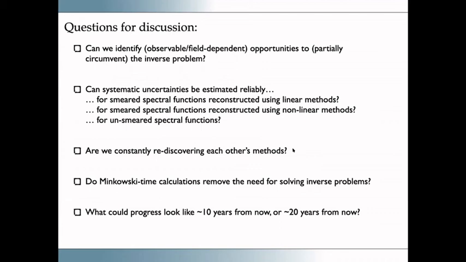For example, suppose you were searching for interesting materials which have a certain feature in the spectral function. You could simulate those potential materials with the Euclidean simulations, and you do the inverse problem, and then you see, okay, this one is a candidate for having an interesting spectral function. Then I'm going to do an experiment on this. If you got it wrong, you waste a bit of time maybe, but it's not a big deal.